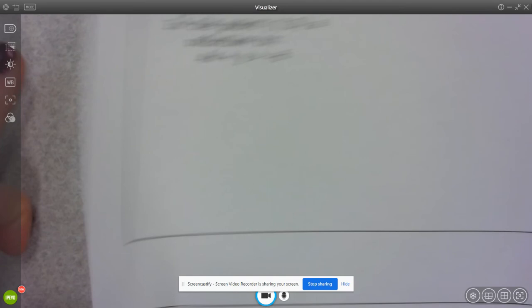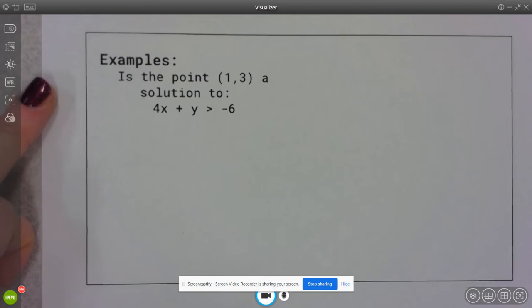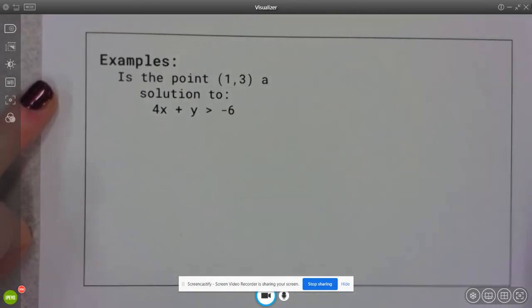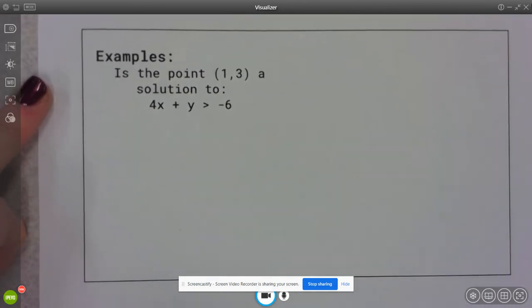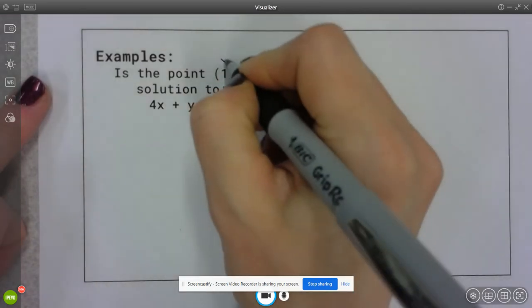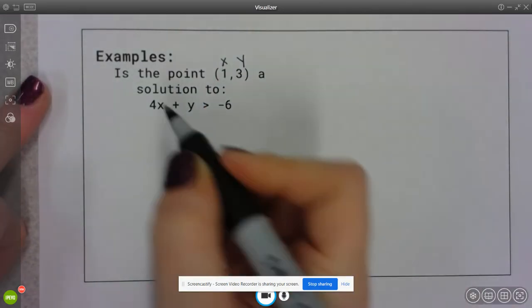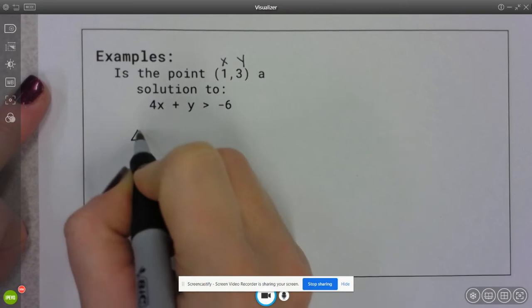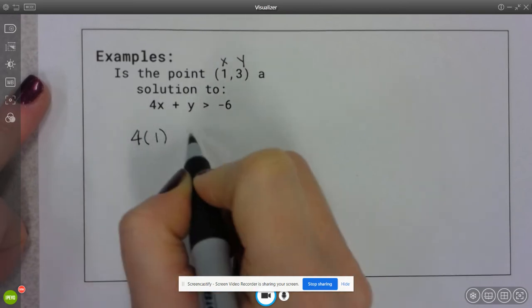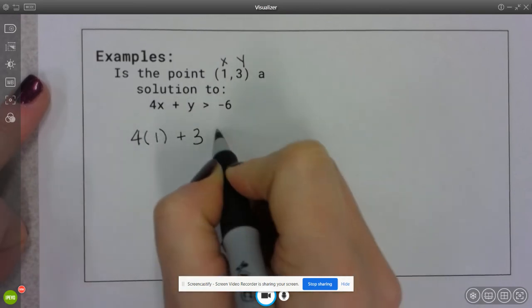Now we're looking at a frozen screen. What we're going to do is look at a solution point, a potential solution point, and figure out if that is part of our solution or if that is not part of our solution. So 1 is x and 3 is y. So I'm going to have 4 times 1 plus 3.